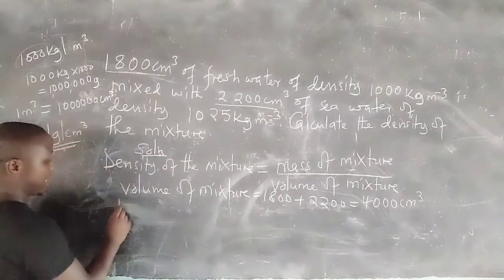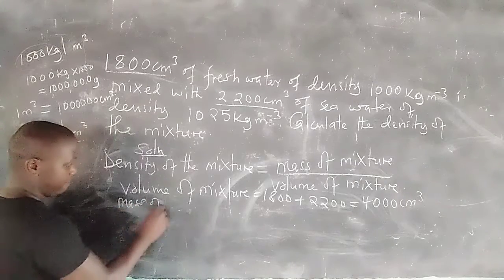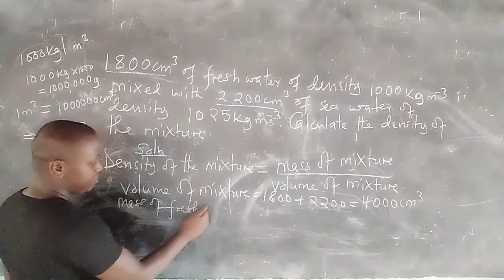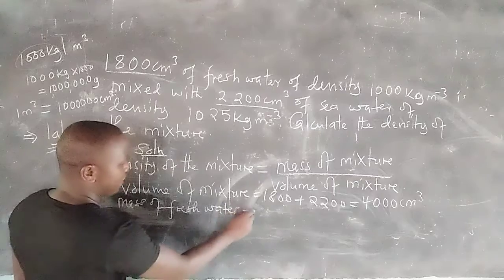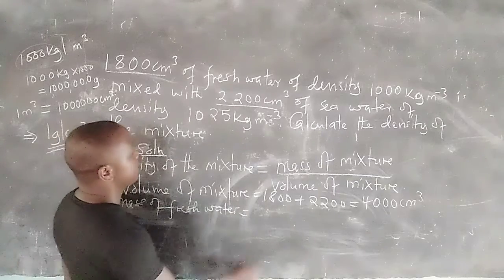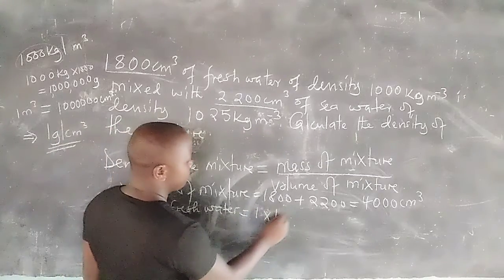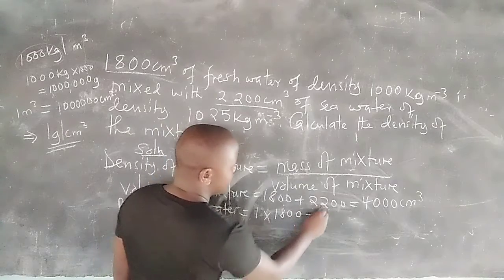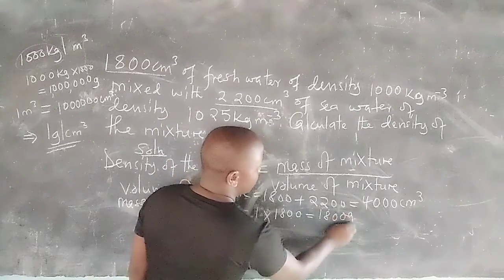So mass of fresh water is given by density times volume. Therefore, 1 times the volume of 1,800 gives us 1,800 grams.